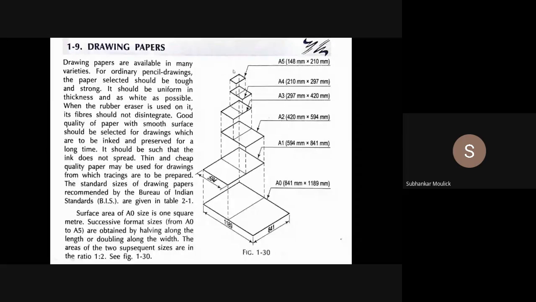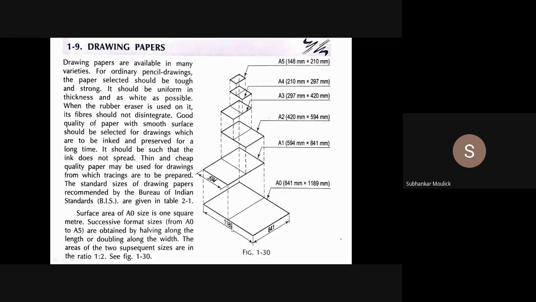A5 size is the smallest size and A0 size is the biggest size. How can we convert an A0 size paper into A5 size paper? The standard dimension of A0 size paper is 841 mm into 1189 mm.